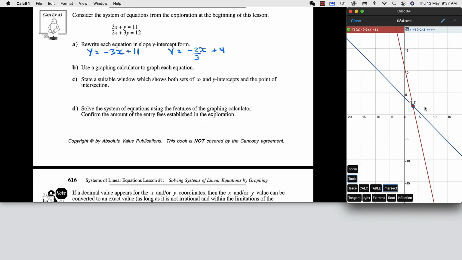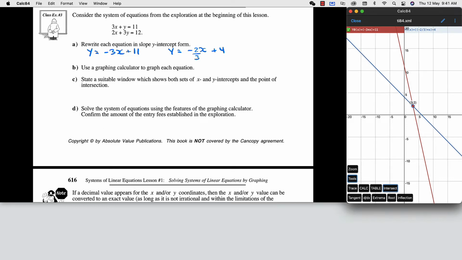And it says the solution is 3 in the x and 2 in the y. And this online calculator right here is a little different than the TI-84 you're using in class. To find that intersection, you're actually going to press the second function button and trace, which brings you into calc, and then you will choose the fifth option, which is intersect. But you should know how to do that already.